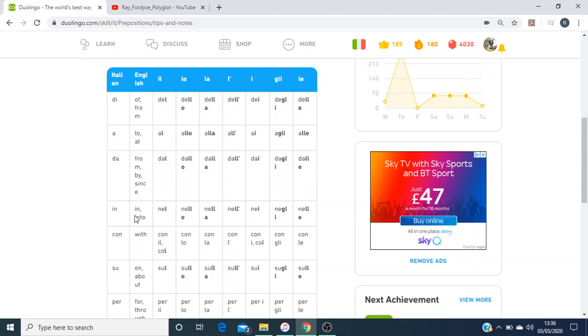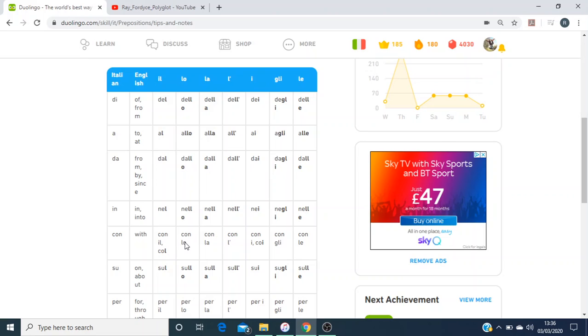And then with in, which is in or into: nel, nello, nella, nell', nei, negli, nelle. And con only works with il. So you can say con il, or you can just say col. And with i, you can say con i or coi, but you can't use it with the others.